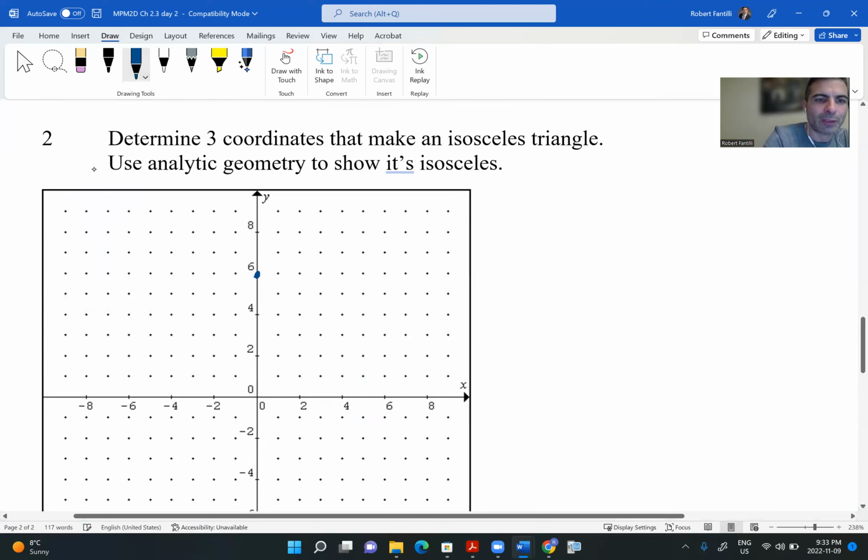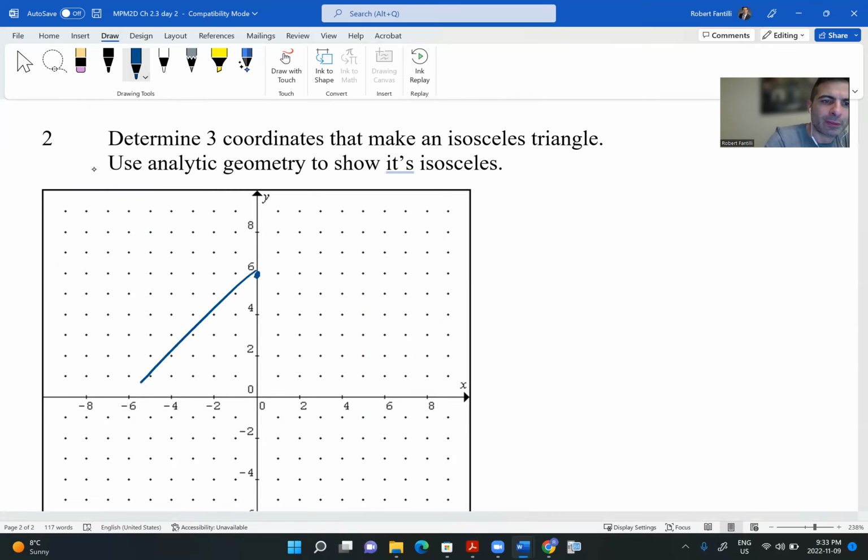I go here and I can go all the way to there. Okay, I think this is probably a little bit more accurate on my answer key.